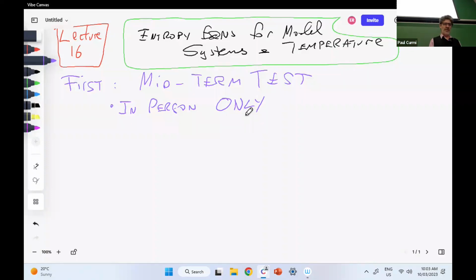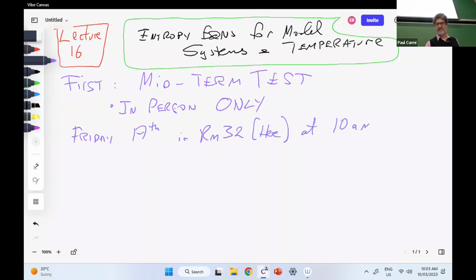So in person only, and it's Friday, 17th, in room 32, i.e. here, at 10 a.m. Okay? So it's in this room live. It's 50 minutes. And you will have a formula sheet.